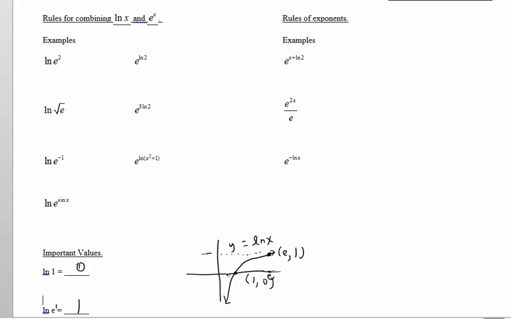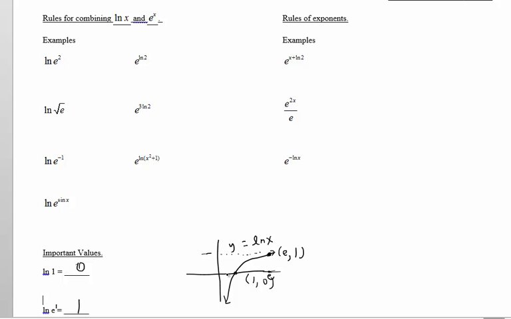Another way to think about it is that here in this little simple problem, you have two inverse operations that are being performed consecutively. Think about the natural log function, and then immediately you have a natural exponential function. Well, log functions and exponential functions are inverses of one another. They undo each other.